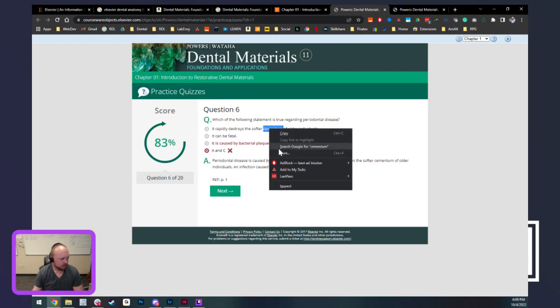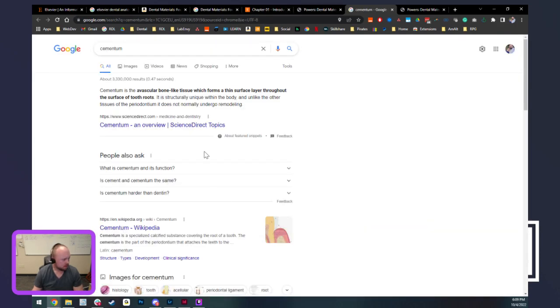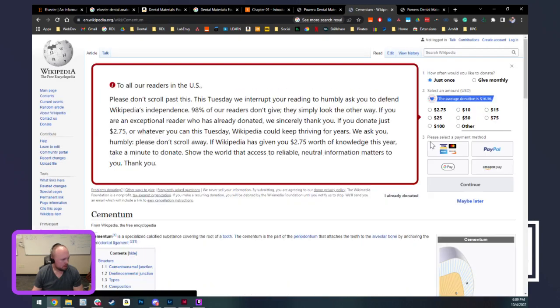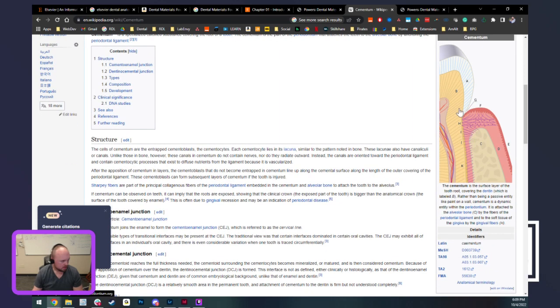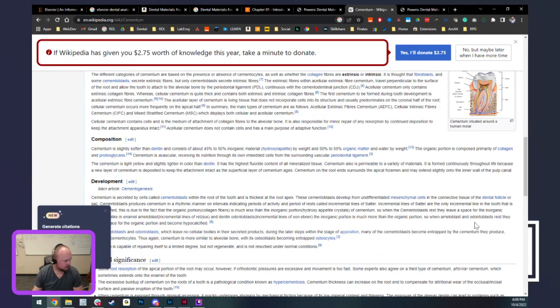All right, rabbit hole time. Search Google for cementum. Wikipedia tells us that the cementum is... I was going to say it was this area right here. What is G? Show me your terminology.